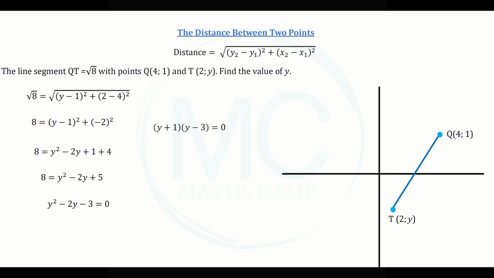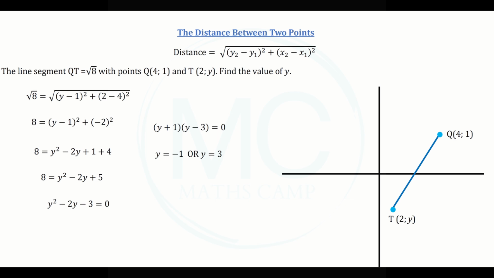From this, we can now see that y could be equal to negative 1, or y could be equal to 3. But again, we only have one point. It can only have one y coordinate. We know from our work on the Cartesian plane that y is positive above the origin and negative below it.